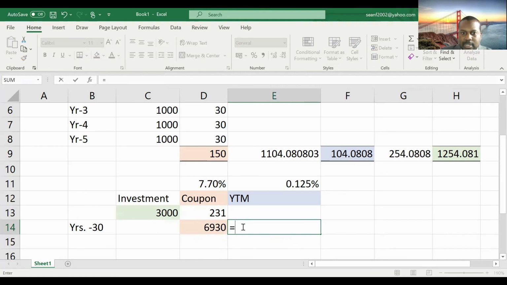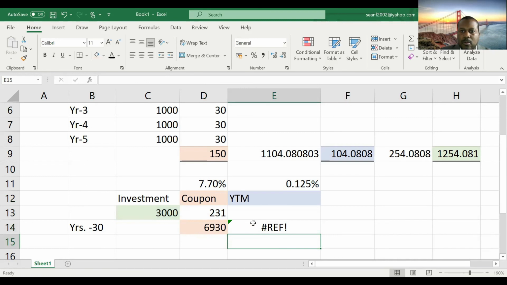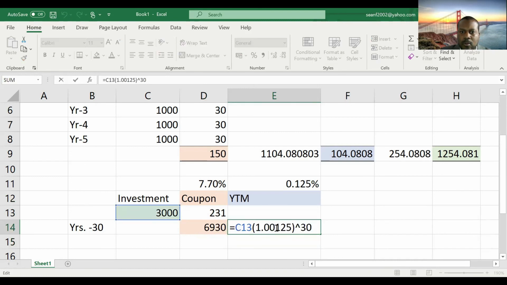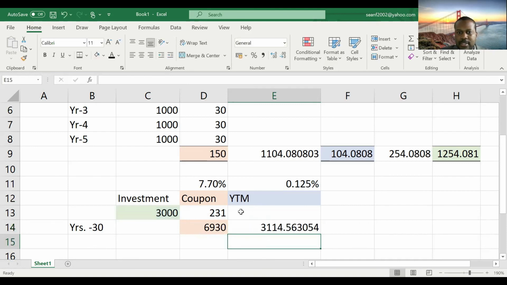So the yield to maturity, as we know, would be that 3,000, then 1.00125 raised to the 30, and multiply. And that's 3,000.